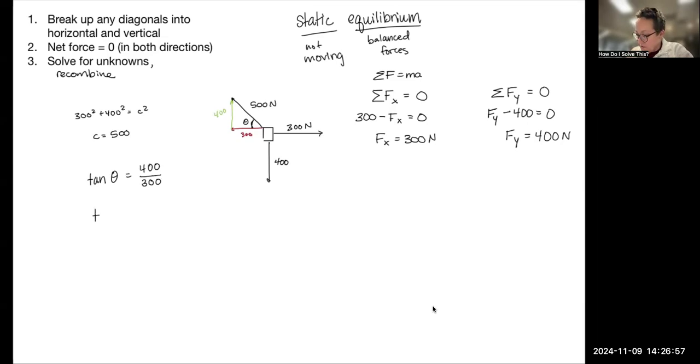And so what you'll do is an inverse tangent, where you tell your calculator what the tangent is, and it tells you what the angle is. So if we do the inverse tangent of 400 over 300, you'll get an angle of 53.1 degrees.